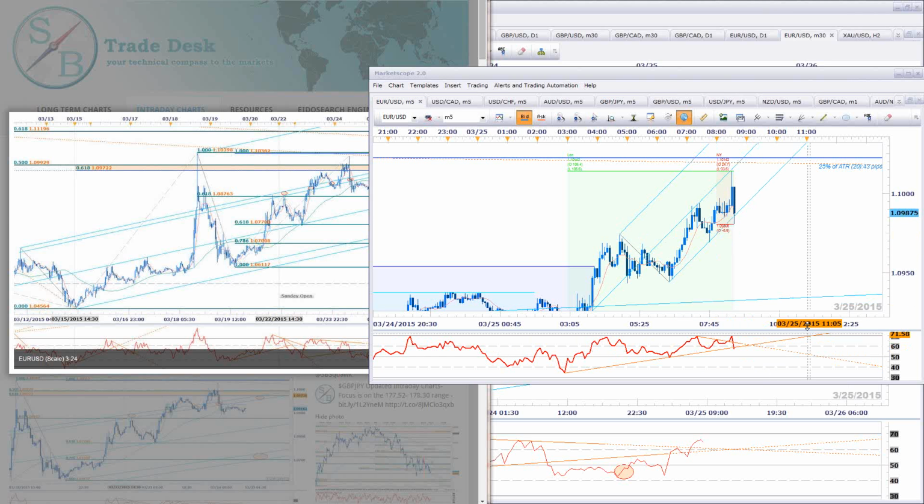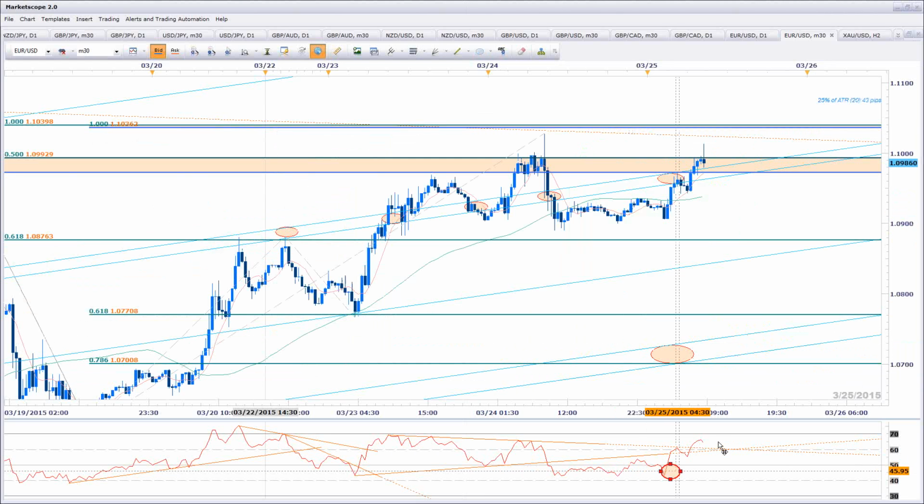But when you're looking for divergence, guys, it doesn't necessarily need to be price action higher high, oscillator lower high. Sorry about that, I lost my chart.